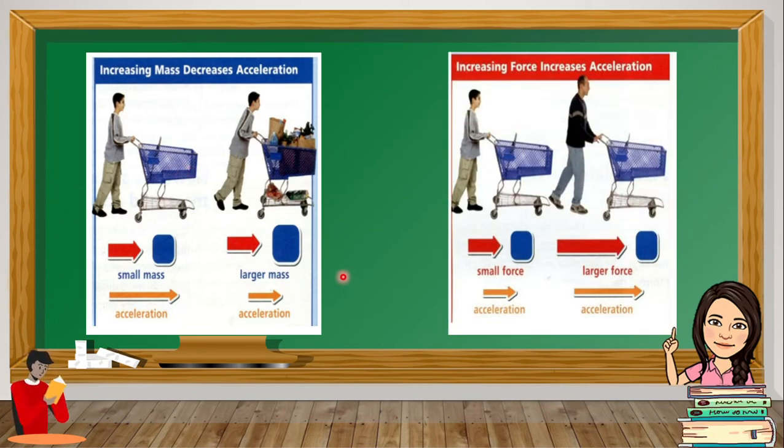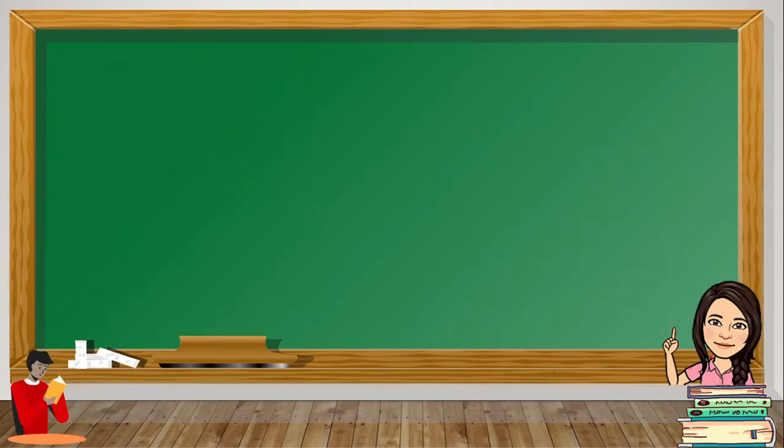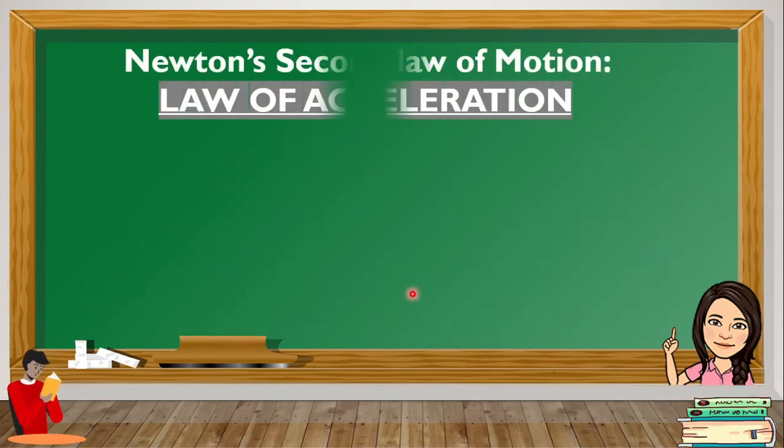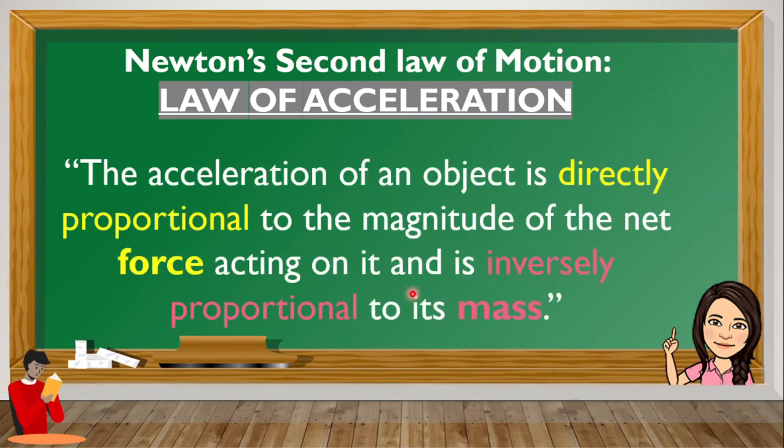It is stated in Newton's second law of motion, which is the law of acceleration, that the acceleration of an object is directly proportional to the magnitude of the net force acting on it and is inversely proportional to its mass.